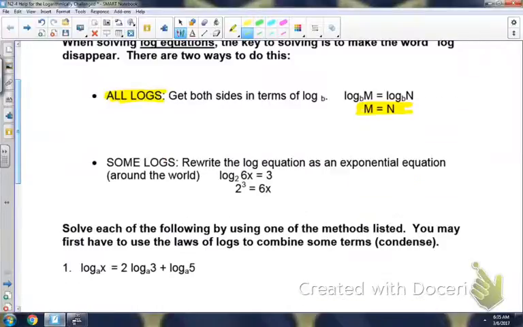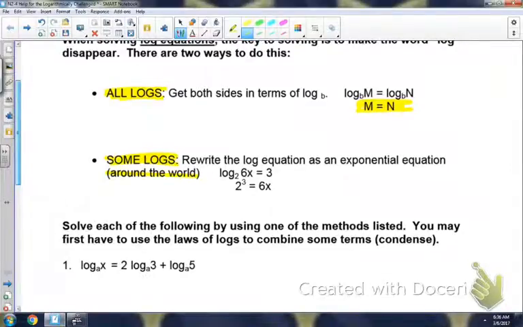If you have some log terms and some that are not log terms, you're going to rewrite as an exponential equation, so you're using around the world. Make sure that you condense to one log, if it's not already in that form. Once it's one log equals a non-log, then you can use around the world to solve it. Those are the types we're going to look at in the front.